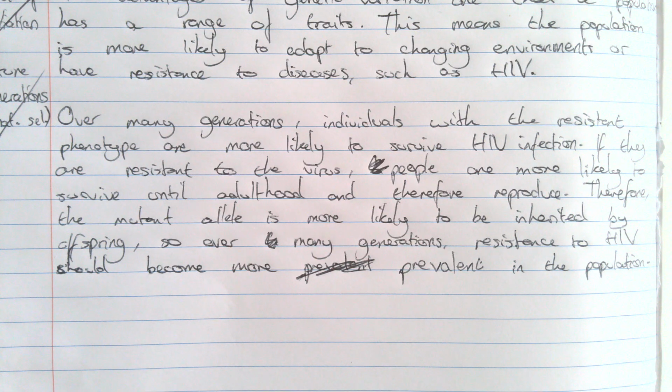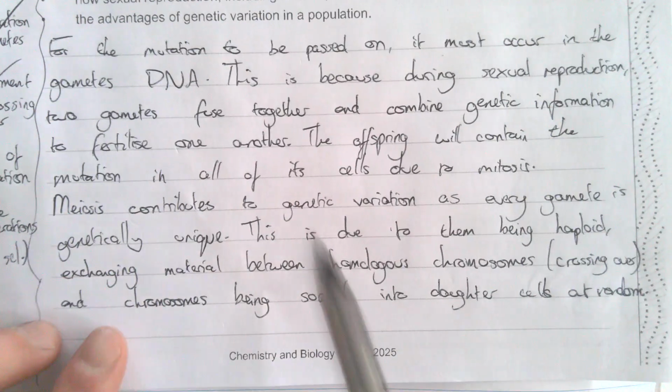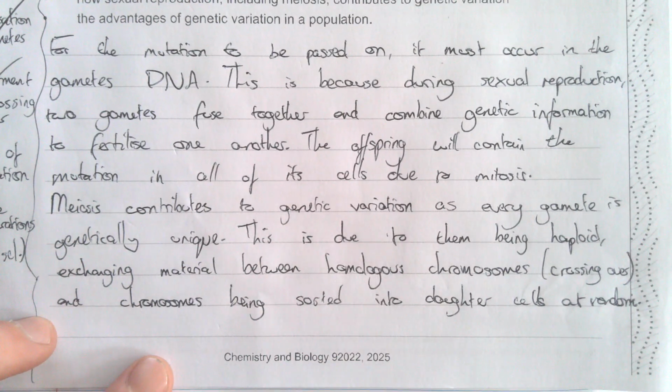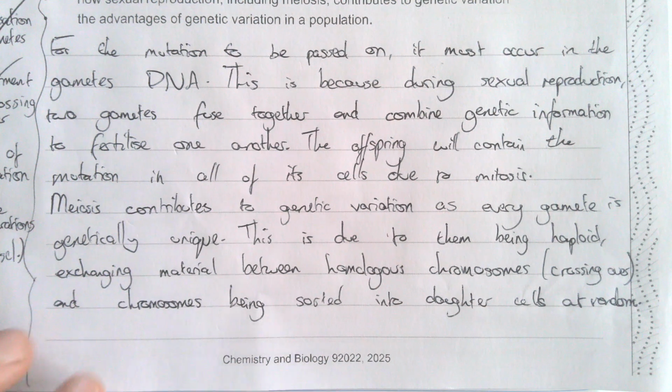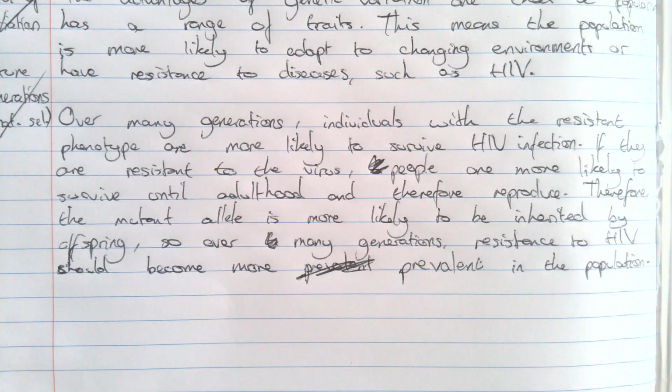The last merit point is you have to explain the inheritance of an allele in a parent's gamete passed on following fertilization, which is what we talked about down here. So I think I've got all three merit points. Sorry, it's a lot to read very quickly. I think I have, yes.